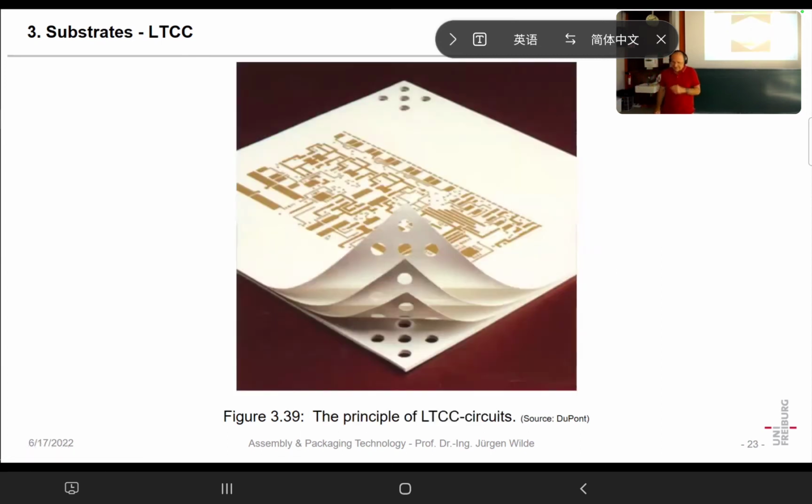So now let's see it that way. Each of these layers is a so-called green sheet. So it's white. Nowadays, most green sheets are blue, but this one is white. And you can imagine it a little like a booklet.